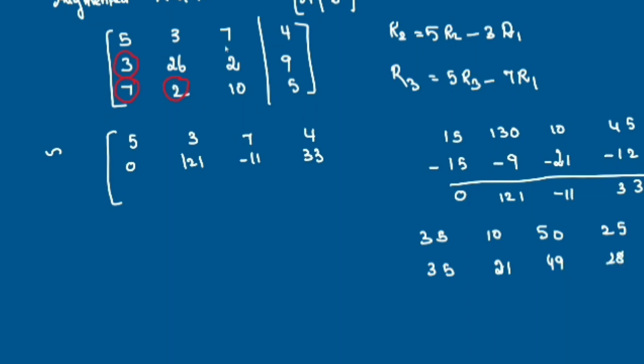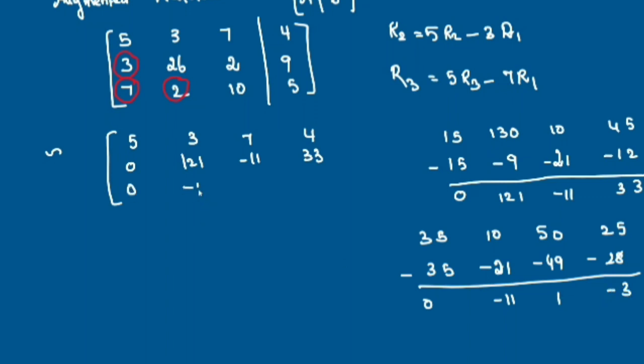Now when you subtract, change the sign: minus, minus, minus, minus. So this will become 0, minus 11, then plus 1, minus 3. So write that here: 0, minus 11, 1, minus 3.